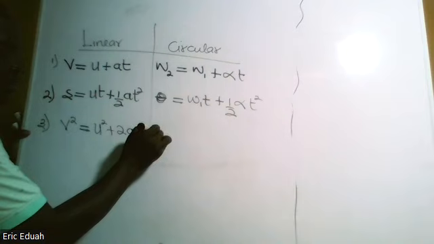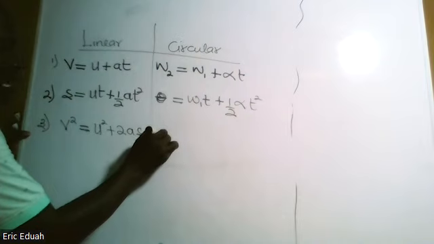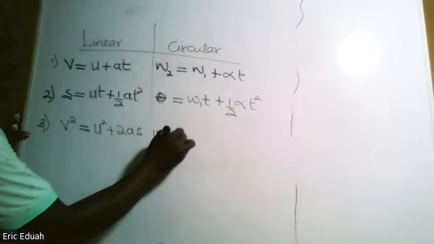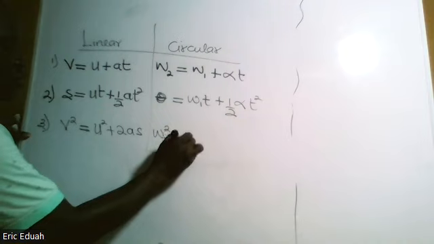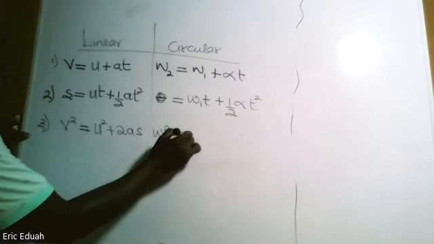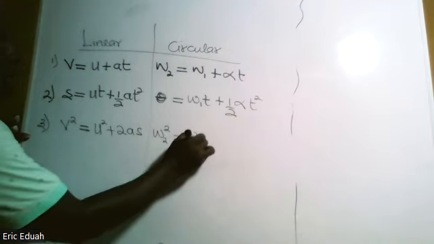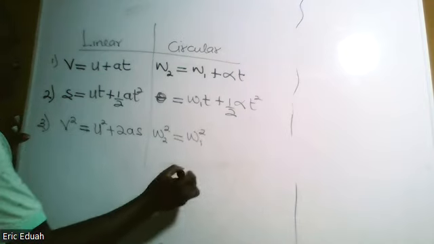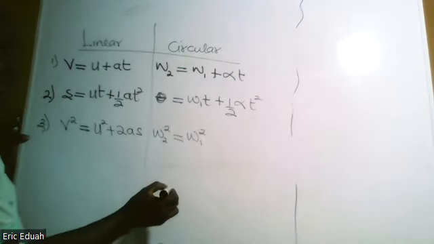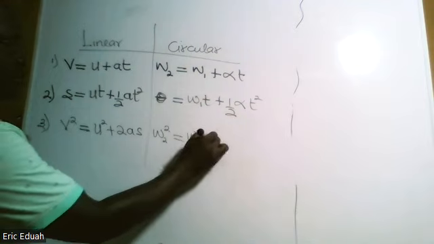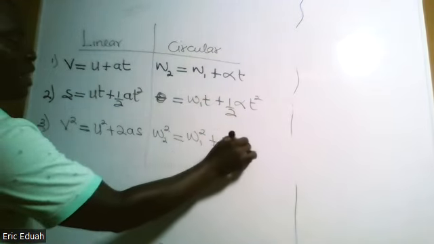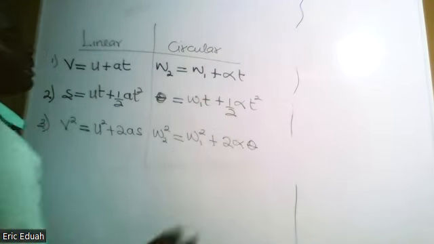Final angular velocity, omega 2 squared, is equal to omega 1 squared plus 2 alpha theta.